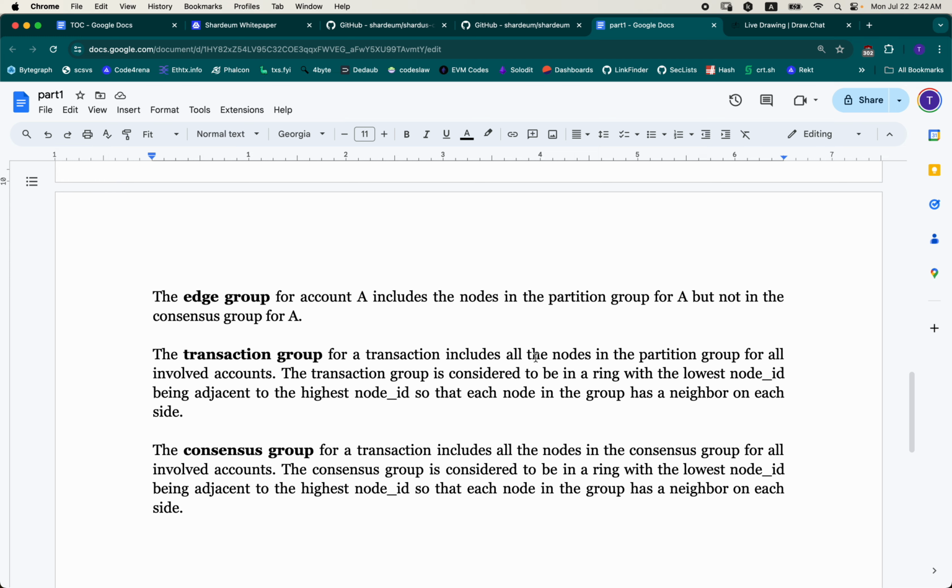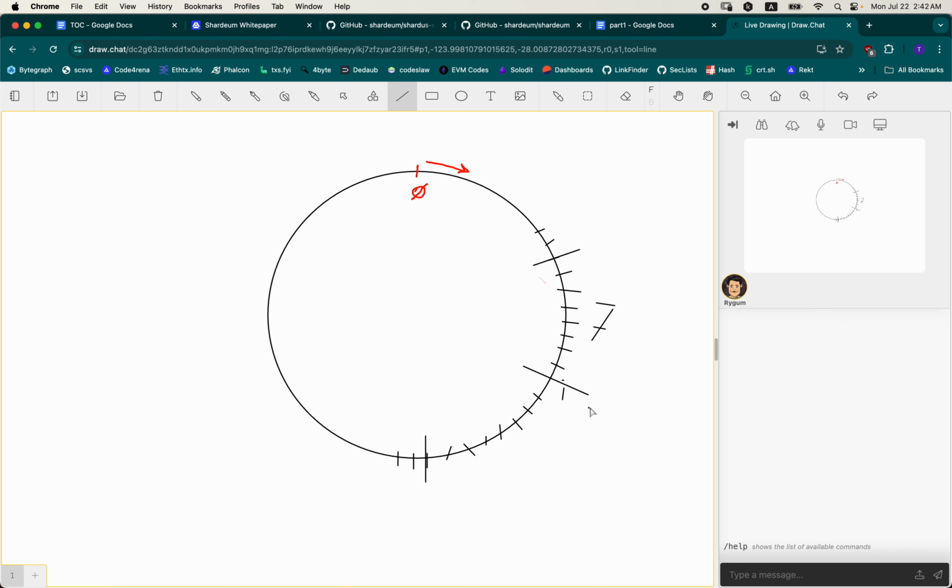Transaction group. If we're talking about a transaction, let's say in our case a coin transfer, right? This is the home partition for account A. This is the consensus group for account A, right? If our account B is somewhere here, this is its radius, so this is the whole consensus group for account B. The transaction group will be the combination of these nodes and these nodes, so all accounts involved in the transaction.